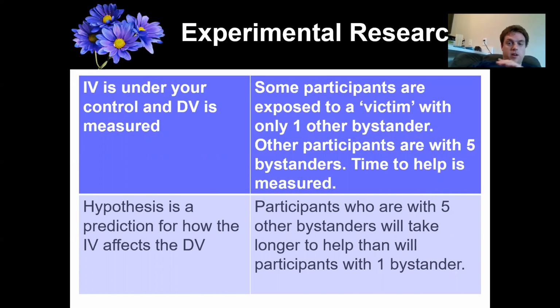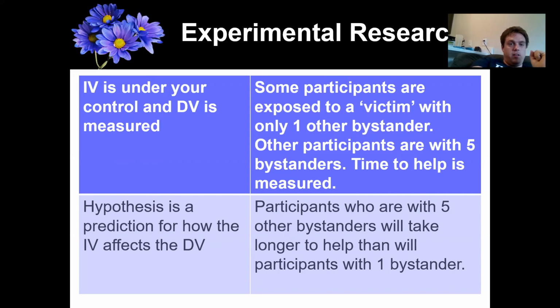Here's another example. Let's say I wanted to look at something known as the bystander effect. This is just when a lot of people are around, you're actually less likely to receive help than if few people are around, because everyone assumes everyone else will help. If you look like you're lying on the ground bleeding to death in a public place, lots of people walk by, you might actually be less likely to get help than if you're doing the same thing and there's like one person.